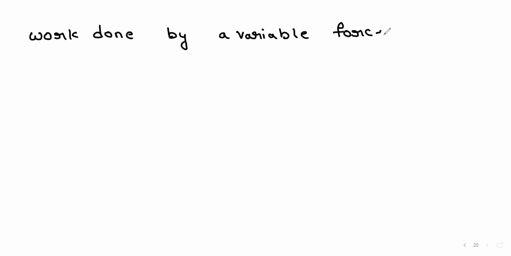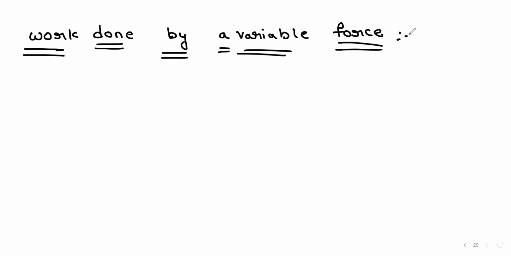Next, this is area under the graph. The next concept is work done by variable force. I hope everyone knows the difference between constant force and variable force, right? Yes, sir. Nice.